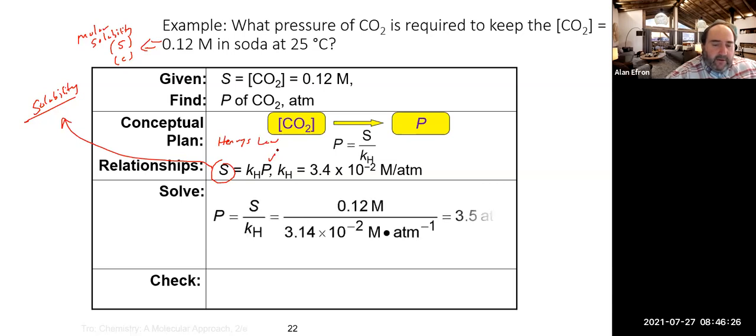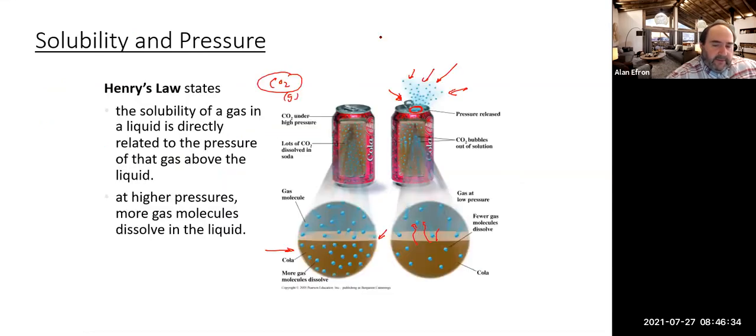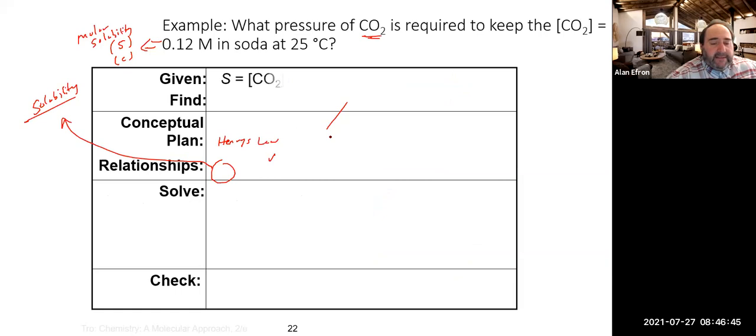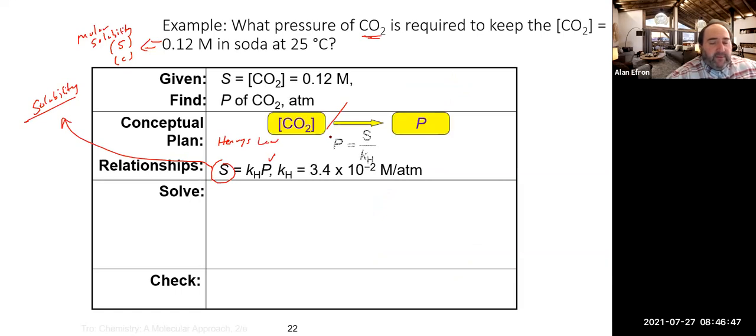And again, our Henry's law constant would be looked up, and it would be looked up for CO2. So that's an important fact. Remember that as we looked at this table, something like CO2 has a different Henry's law constant than if we were dealing with a different gas like oxygen. So again, it is specific for the actual substance that we're looking at.